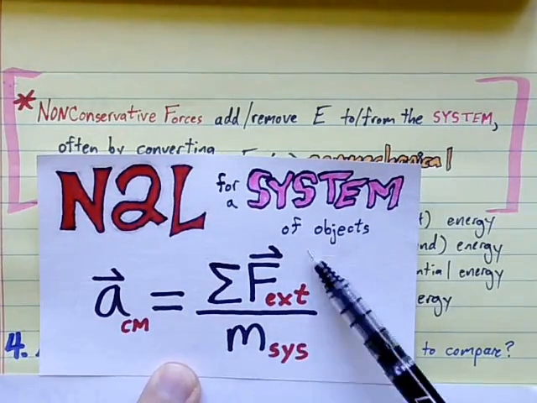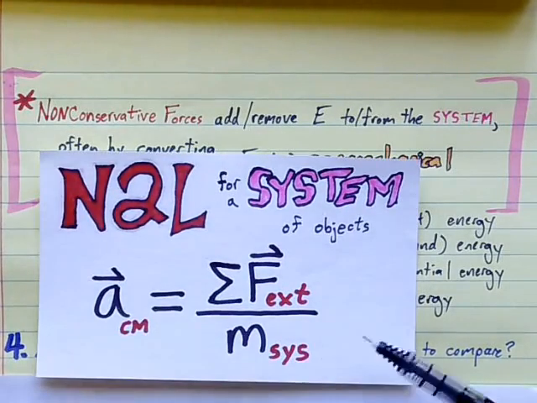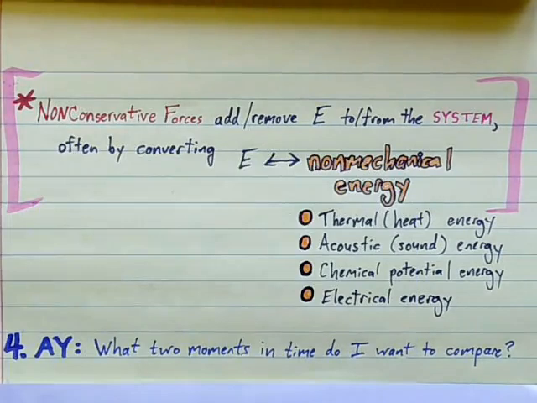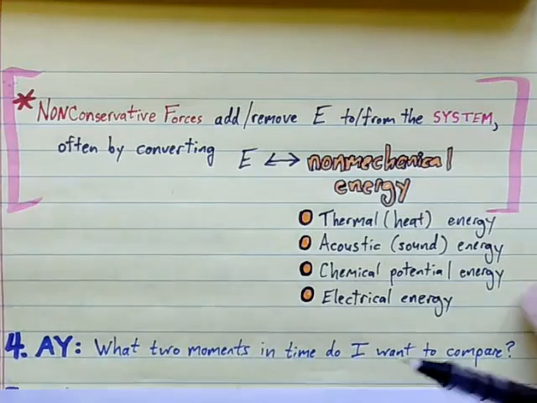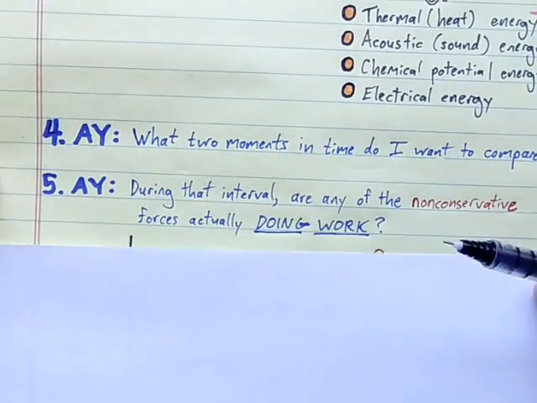This is the instantaneous net force and the instantaneous acceleration. Newton's second law is all about freezing time and analyzing the acceleration at that one moment. The usefulness of energy is that we can compare two different moments in time. So pick your two moments and then consider the time interval between those two moments.